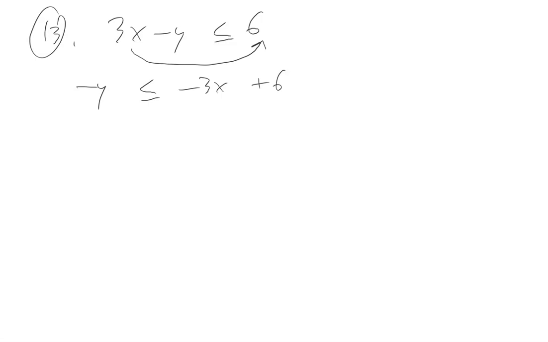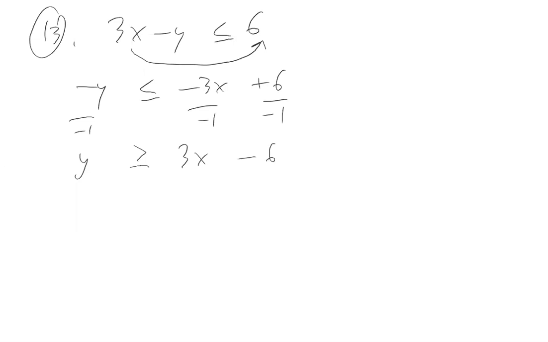Now the negative y, I need to divide by a -1 underneath everything to change it to be a positive y. But do you remember what to do whenever you have an inequality and you divide it by a negative number? It changes the direction of the inequality. So instead of being less than or equal to, it will be greater than or equal to. Then you'll get +3x and you'll get -6.